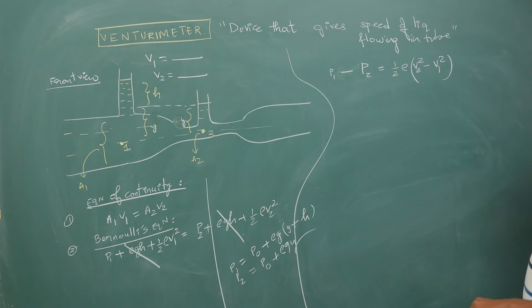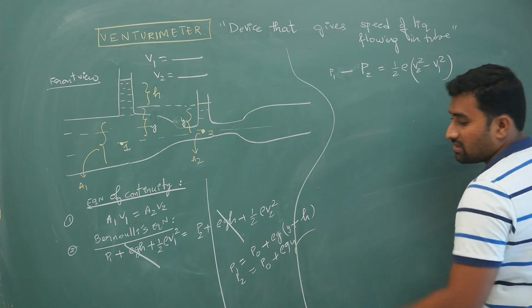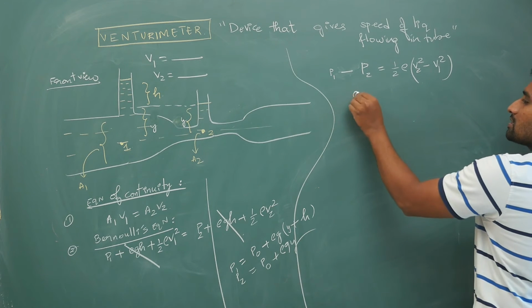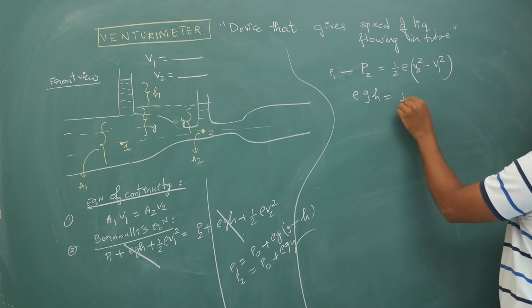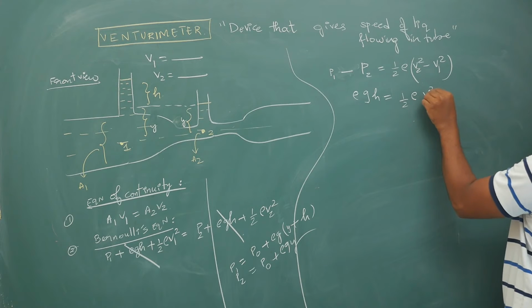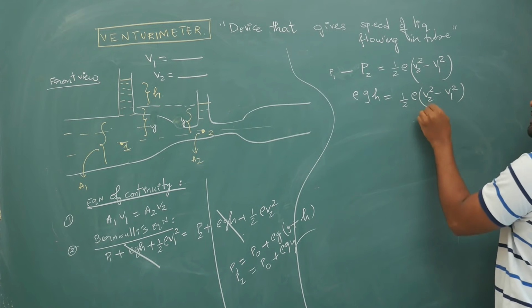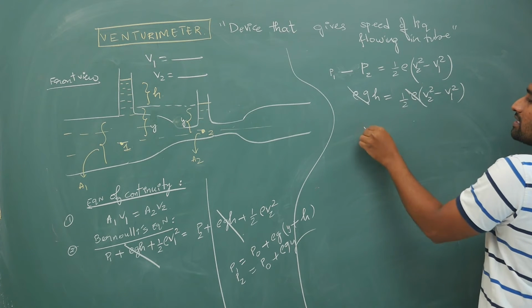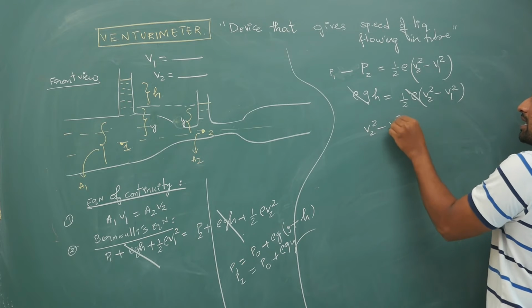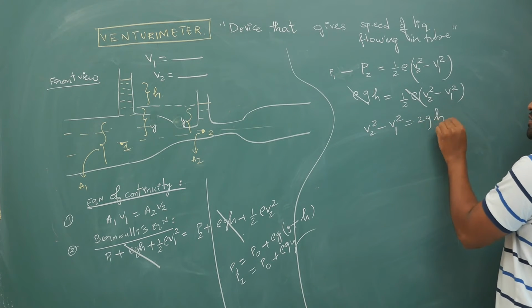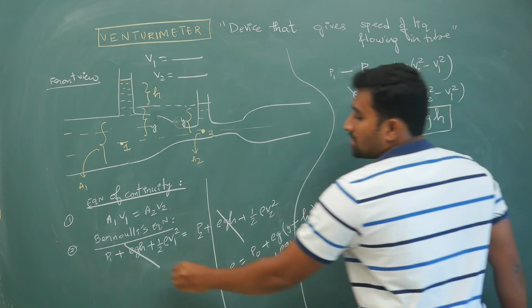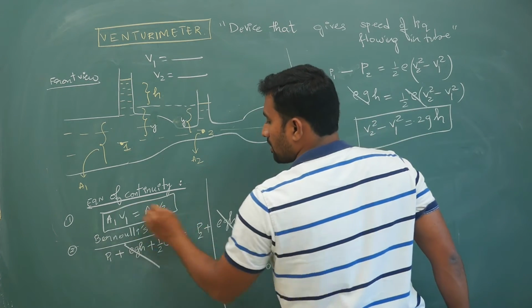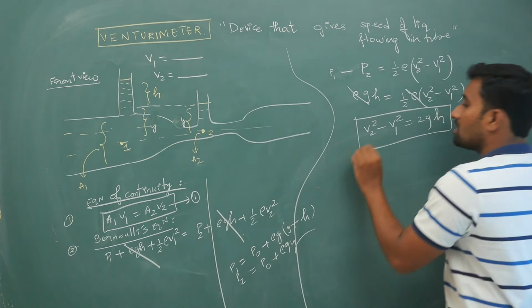So the pressure difference is rho g h. So rho g h equals half rho, V2 square minus V1 square. Now rho will cancel off, and V2 square minus V1 square equals 2gh. This is equation number 2, and this is equation number 1.